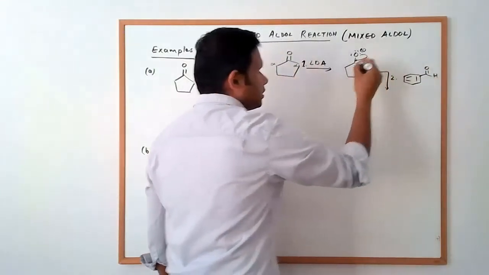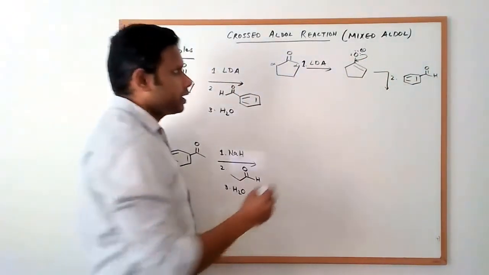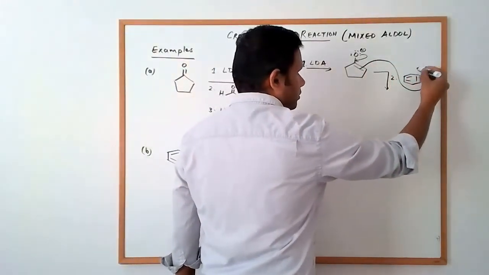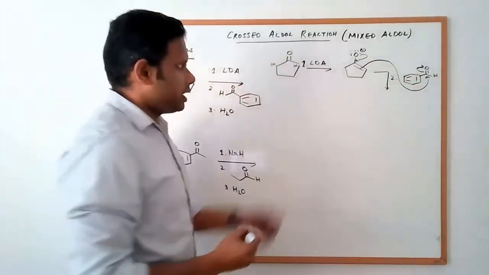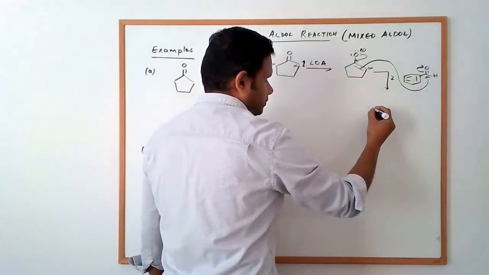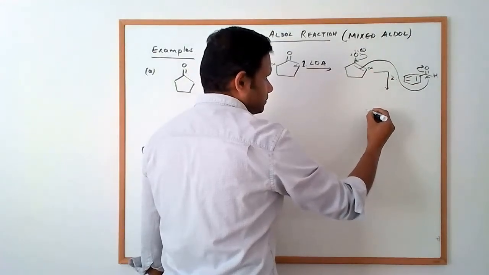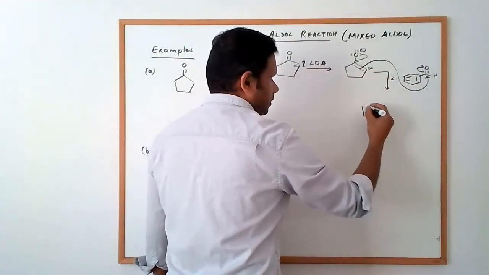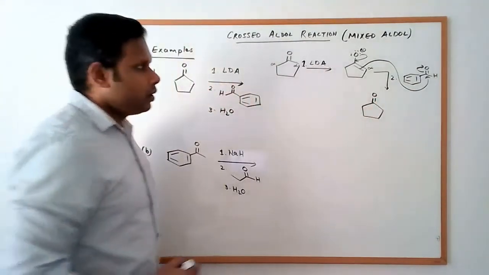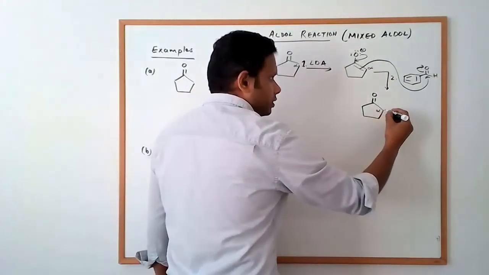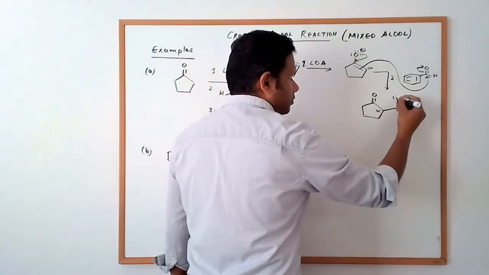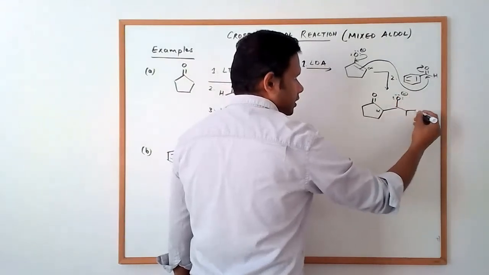The enolate is going to attack the carbonyl carbon of the benzaldehyde using the alpha carbon here. And that's going to give us the ketone, where we formed a double bond between the alpha carbon and the carbonyl carbon of benzaldehyde.